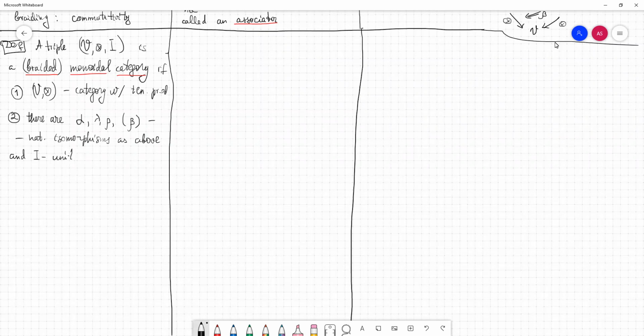It is a unit of the tensor product, but it's not enough.